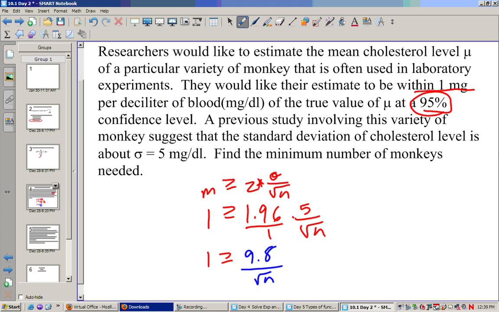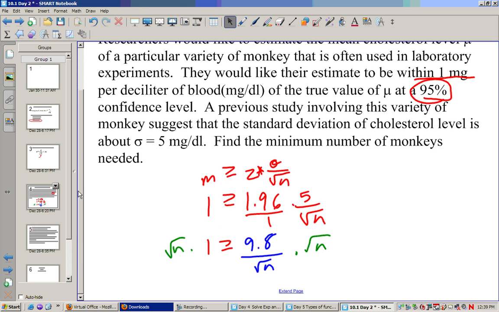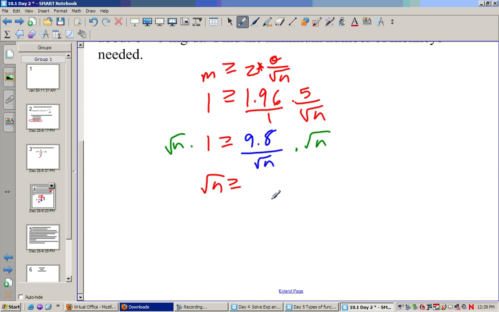And now what I would do is multiply both sides by the square root of n, and I get the square root of n is greater than or equal to 9.8.